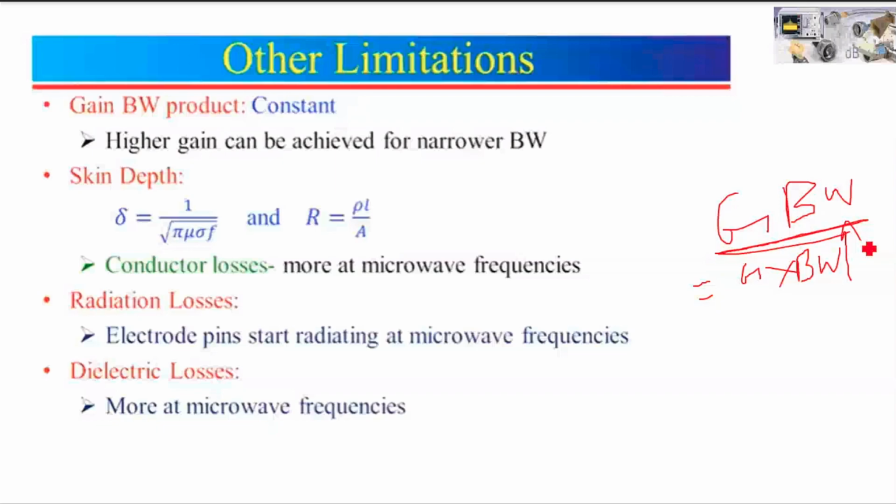So if bandwidth increases, the gain will decrease by the same amount. If it is not so, then the gain bandwidth product will not be constant, and that cannot happen. So in order to keep the gain bandwidth product constant, you have to reduce the gain by the same amount as you have increased the bandwidth. So this is another limitation of your conventional tubes at microwave frequency.